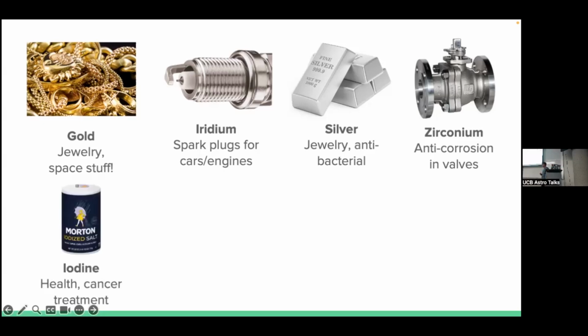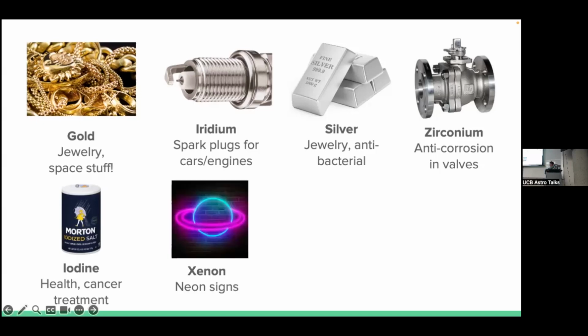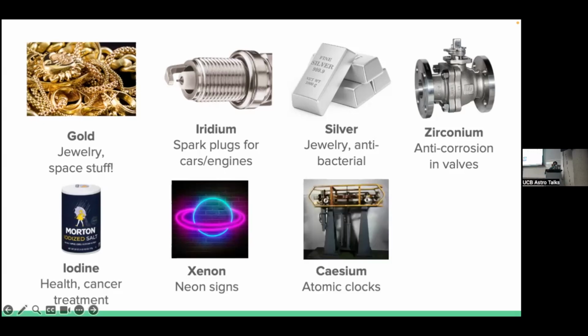Iodine, pretty popular. Iodized table salt, used for a lot of health purposes and cancer treatment as well. We also like to light up the night with some xenon for our neon signs. Maybe if you go to Vegas, you'll probably see a lot of xenon out there. Again, technically not a metal, but at least for astronomers, anything heavier than hydrogen and helium is a metal to us. So I'm counting that one. Then we get a little bit more abstract.